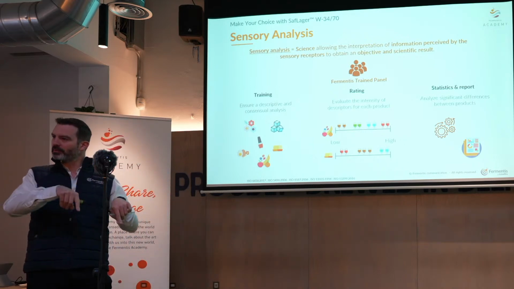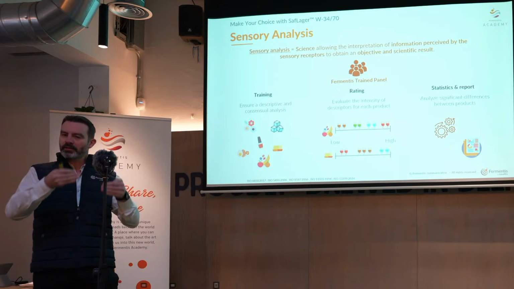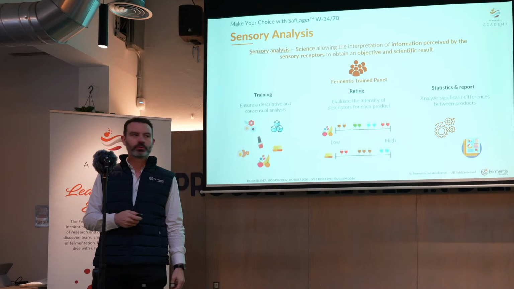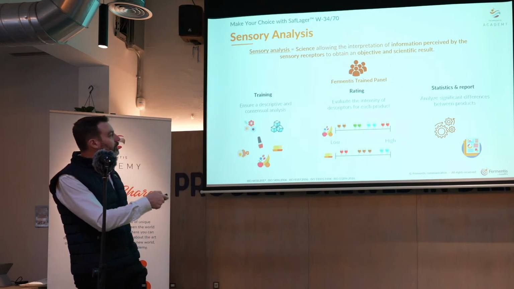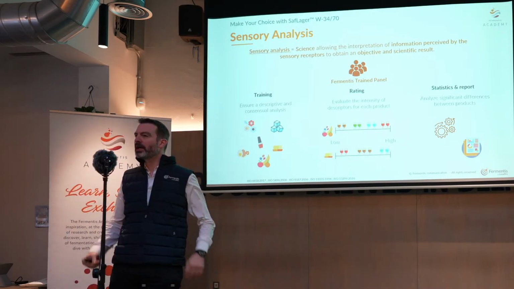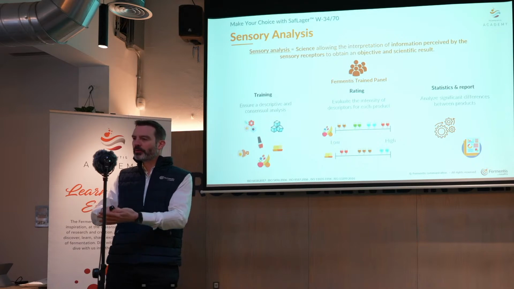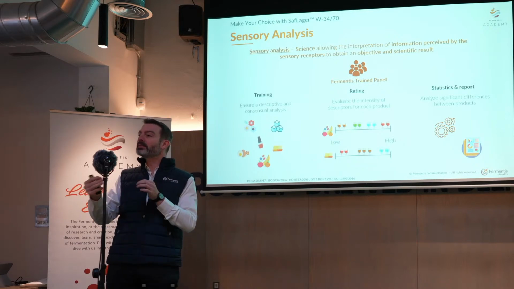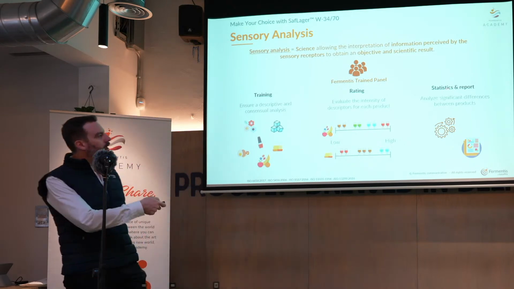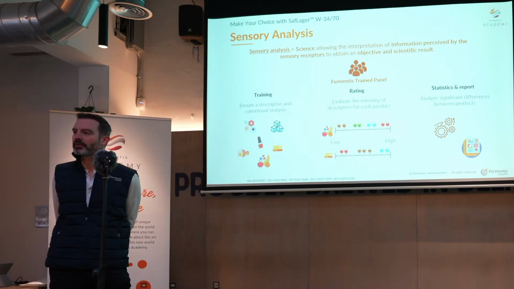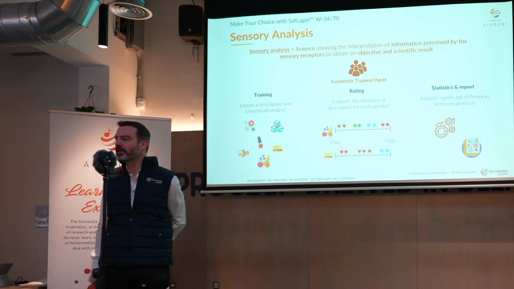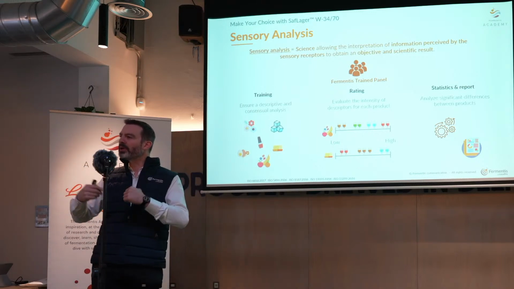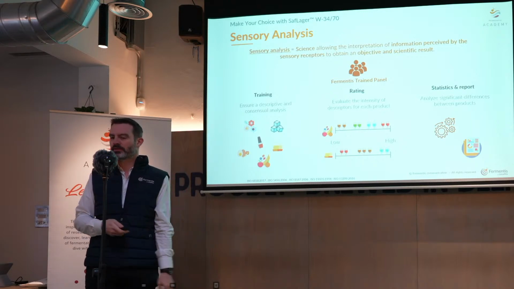People are talking about the same compound with different words. They need to be in line with what word to use. Then they will have a tasting session, and they will be given a sheet of paper or a tablet where they will slide around the intensity of what they detect. And then after that, all of this is analyzed statistically, and we can say we have a difference or we don't have a difference based on statistical relevance.